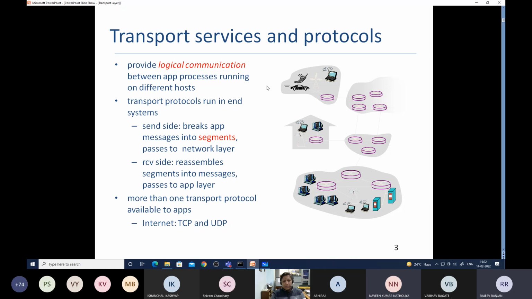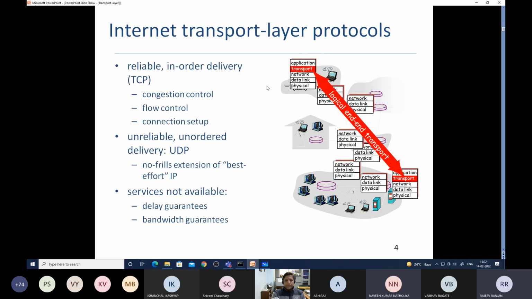As we know, there is more than one transport protocol available to applications. Depending upon the quality of service requirement of the application, the internet should provide you two protocols, TCP and UDP. As I told you, it runs entirely at your end host, and it gives you a logical end-to-end transport.